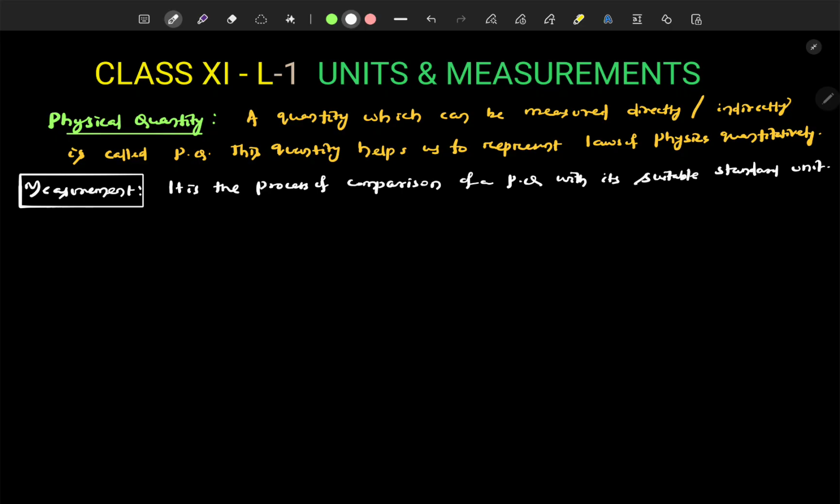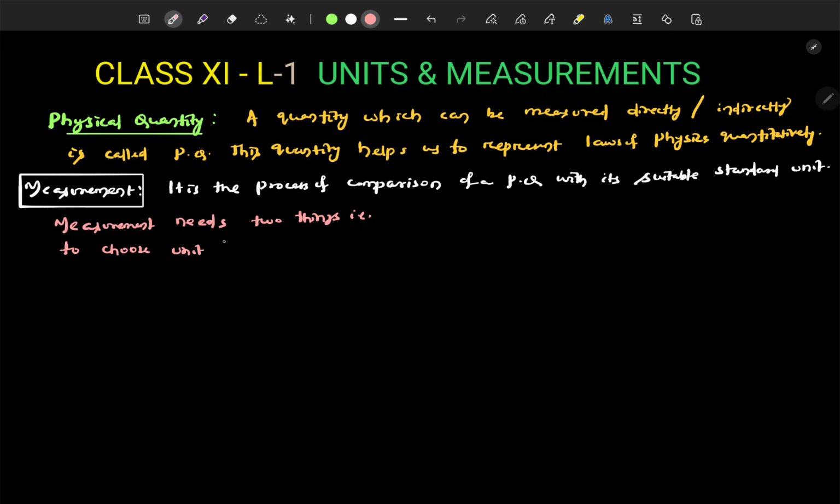And also remember, measurement needs two things. From the beginning some theoretical part is there, after that we will solve the numericals. So measurement needs two things. First, to choose a unit and subunit.